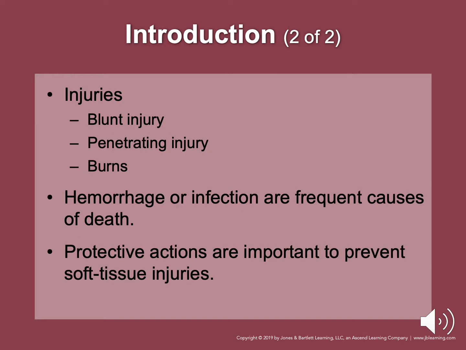Mechanisms of injury can be blunt injuries, penetrating injuries, and burns. Death from soft tissue injuries is often related to hemorrhage or infection itself. So protective actions are necessary to prevent injury: the use of gloves, workplace safety measures, and teaching children to avoid or request help when using sharp objects.